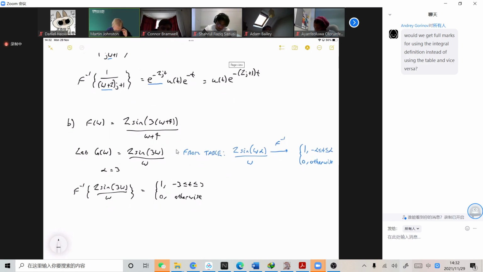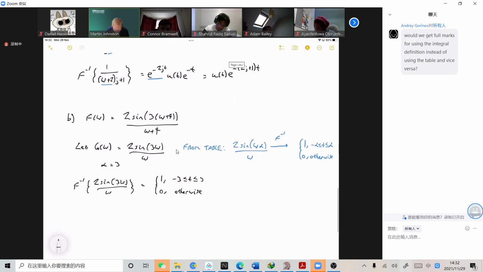Okay. And therefore, the inverse Fourier transform of 2 sine 3 omega plus 4 over omega plus 4 must be the same as the rectangular pulse, but multiplied by e to the minus 4jt.